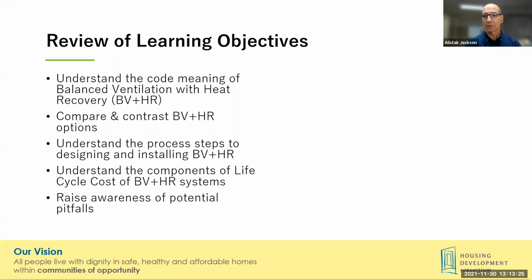So we're at the end of the first hour plus a little bit, and have covered most of the delivery content. I'm just doing a quick step back to review the learning objectives. We've covered the code meaning of balanced ventilation, of energy recovery, heat recovery. We've looked at these different distribution solutions, both schematically and some real world examples.